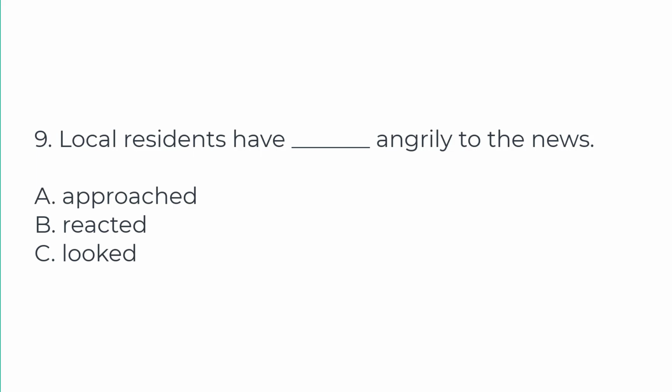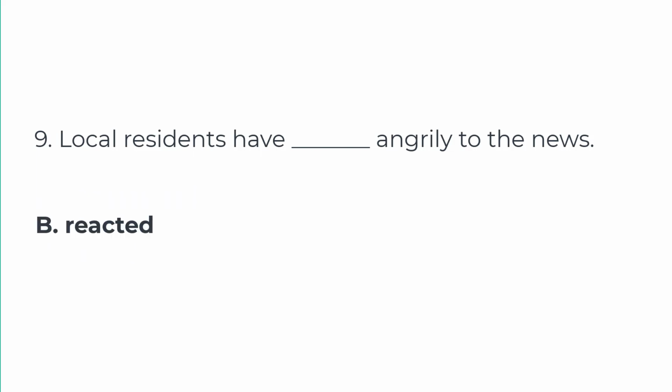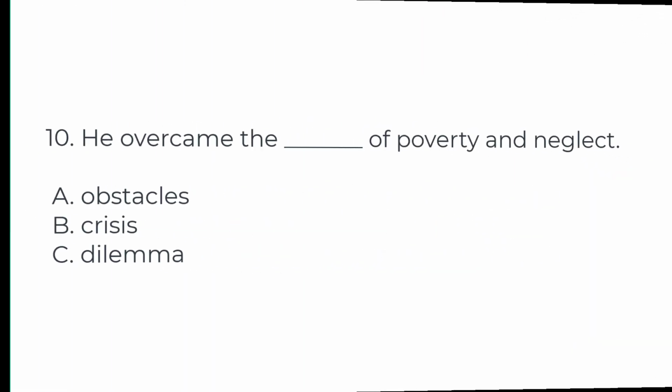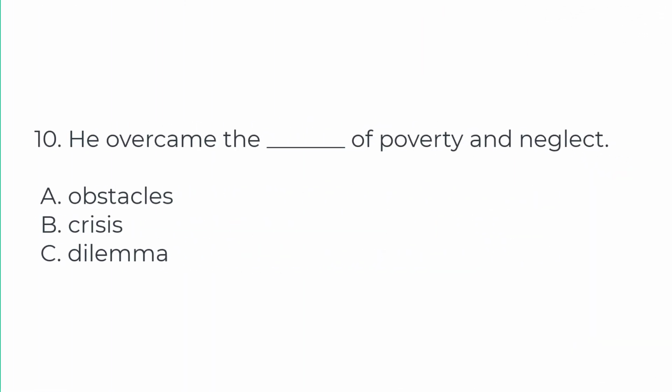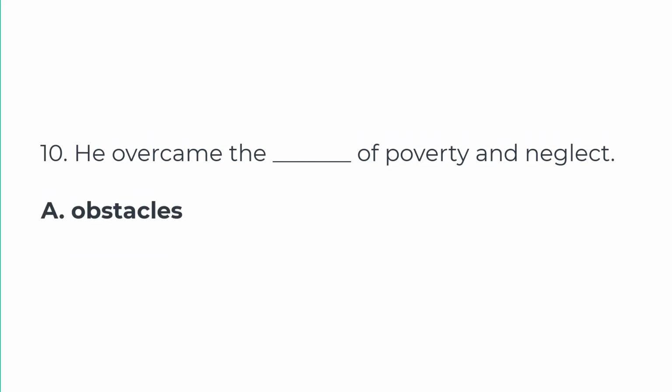Pause the video if you need more time, and the correct answer is reacted angrily to the news. Question number 10. He overcame the of poverty and neglect. Pause the video if you need more time, and the correct answer is he overcame the obstacles of poverty and neglect.